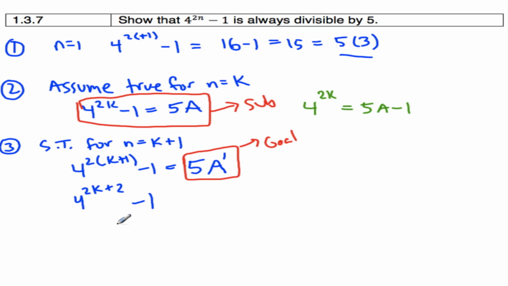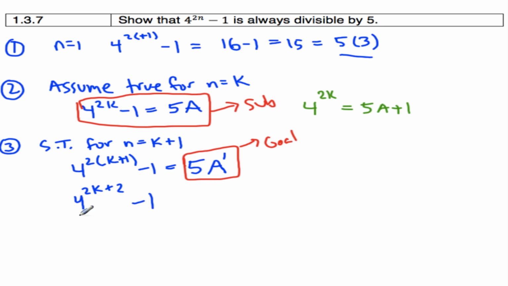Up there, 4 to the 2k is equal to 5a plus 1. Should be plus 1. On the second step? Here. Yeah. There we go. Alright. So now this is 4 to the 2k plus 2 minus 1.